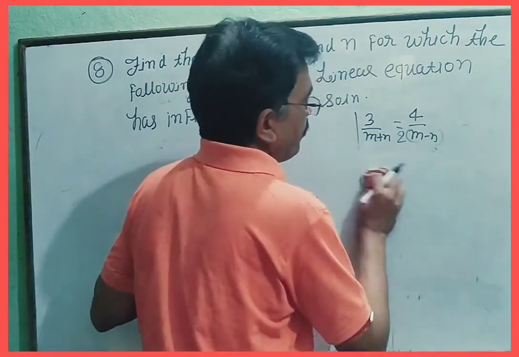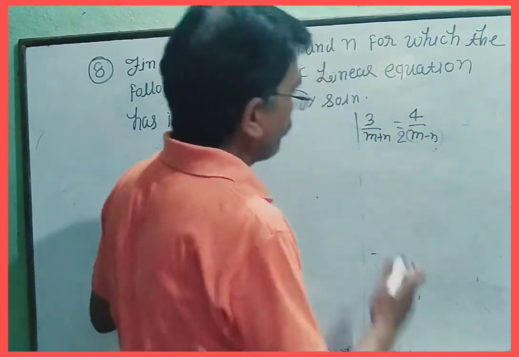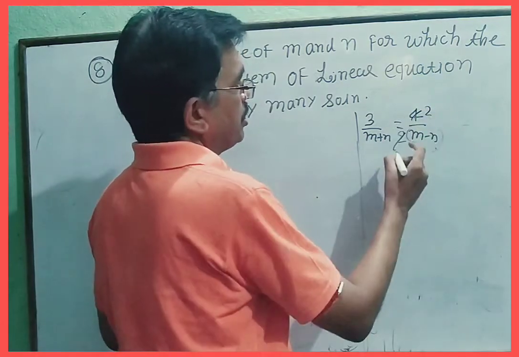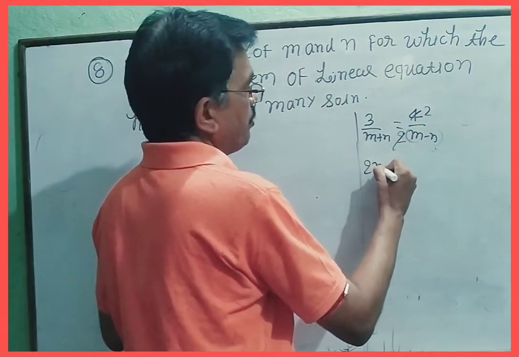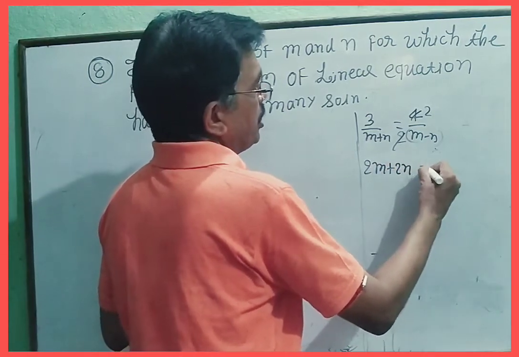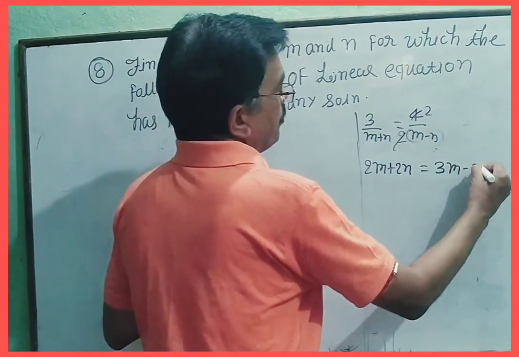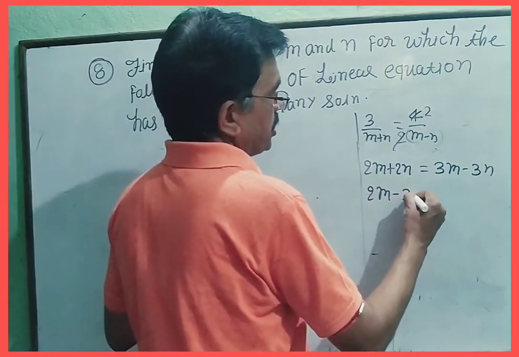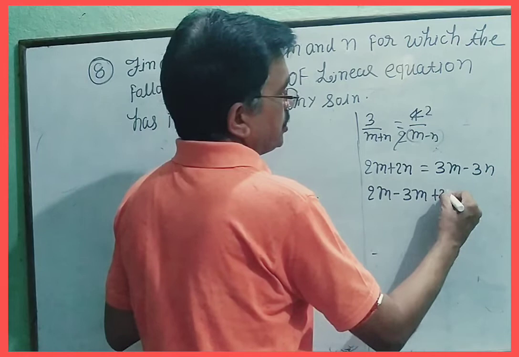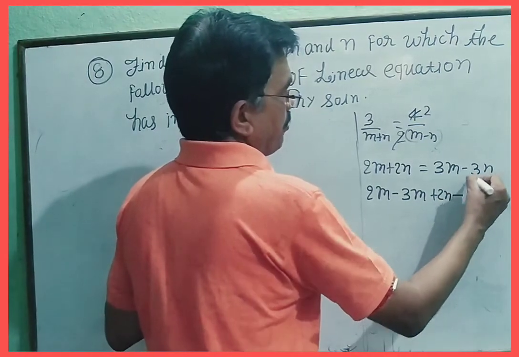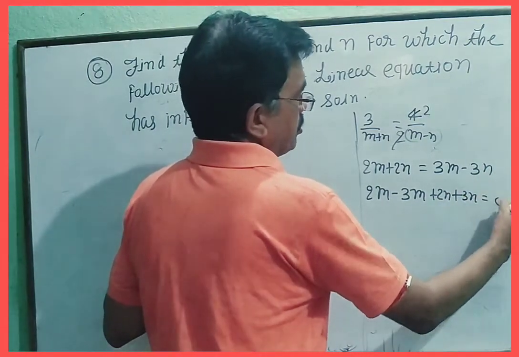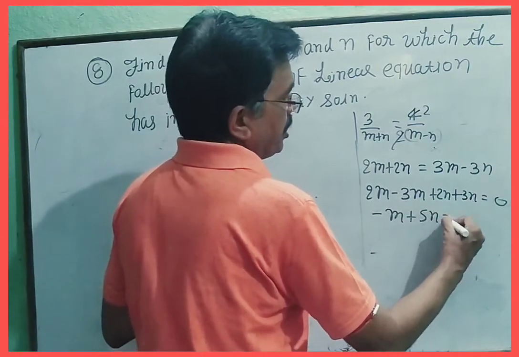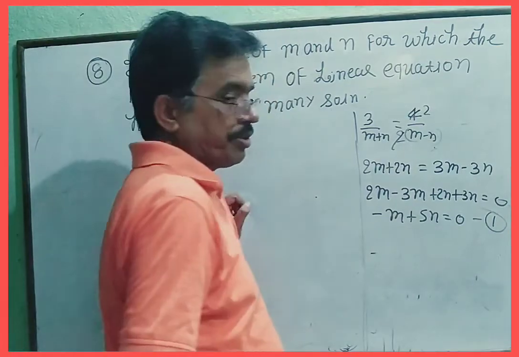So you write first 2 here, 4 by 2 times m minus n, then this 2 is cancelled, 2m plus 2n is equal to 3m minus 3n, hence 2m minus 3m plus 2n plus 3n is equal to 0, hence minus m plus 5n is equal to 0. It is the first equation.